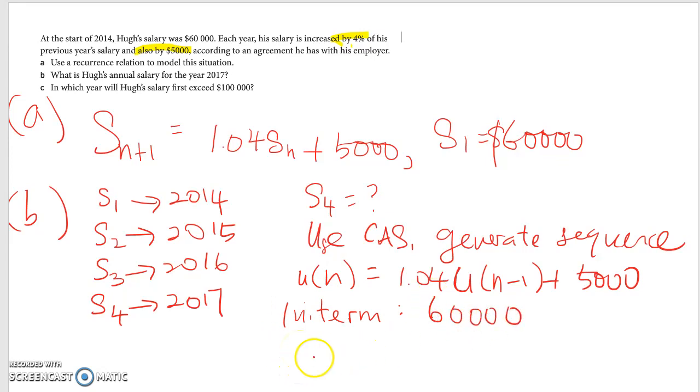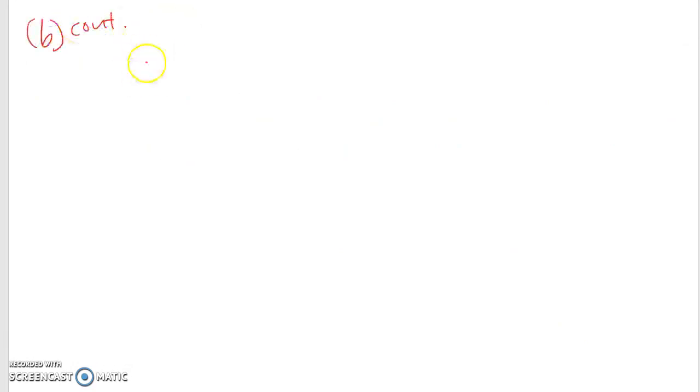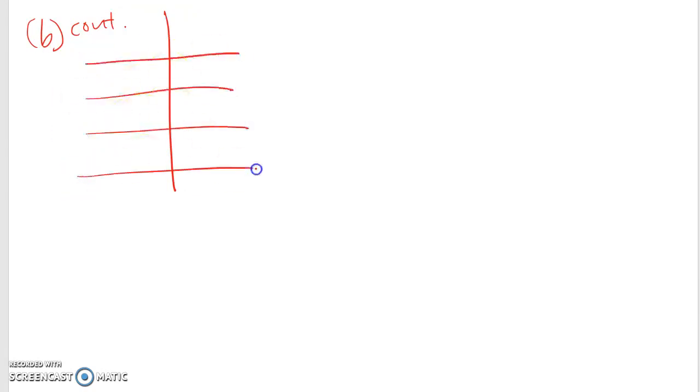And from here, you'll be able to generate a sequence, and a sequence would look something like this. So this is part B, continued. Okay, you see a table, and these values would be 1, 2, 3, 4, and so on and so forth. The first value you would see is 60,000. This would be 67,400.